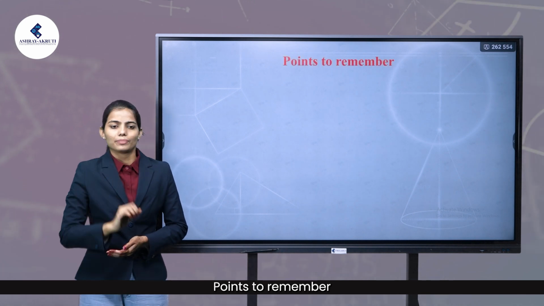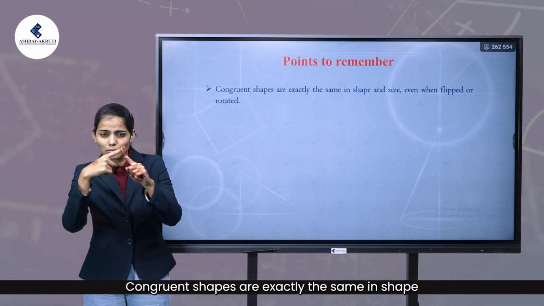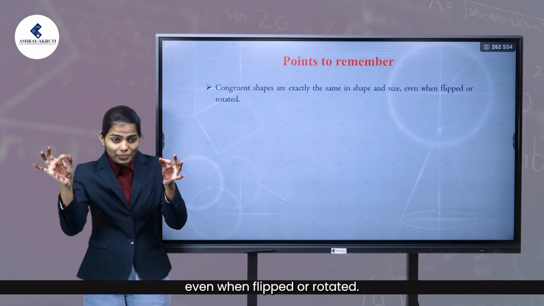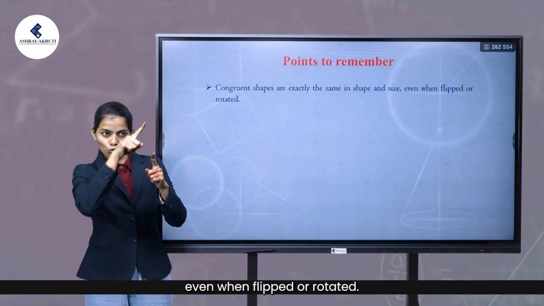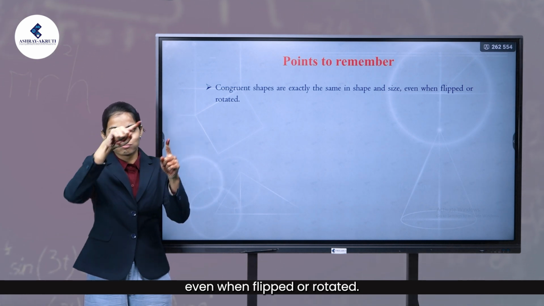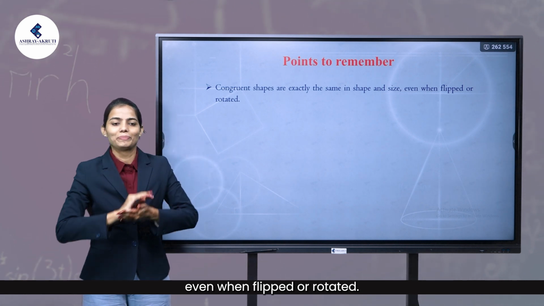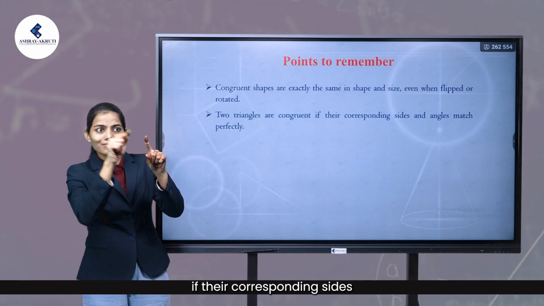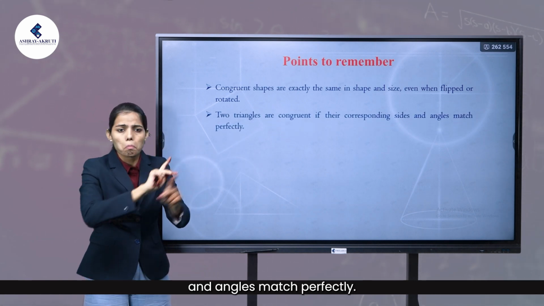Points to remember. Congruent shapes are exactly the same in shape and size, even when flipped or rotated. Two triangles are congruent if their corresponding sides and angles match perfectly.